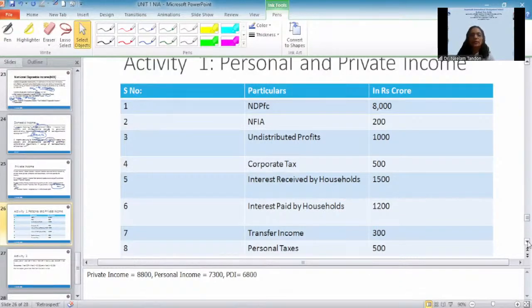So NDP is 8,000. Net factor income from abroad is 200. Undistributed profit is 1,000. Let's go for adding and deducting respectively. So NDP at factor cost, NFIA, should we add? Should we add or should we not add? Come on, fast.